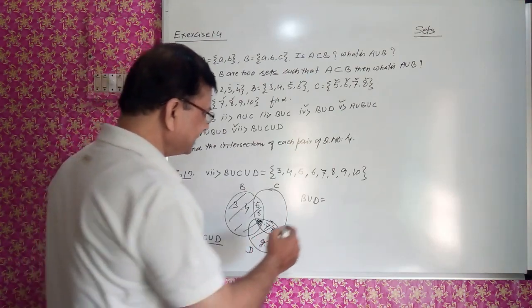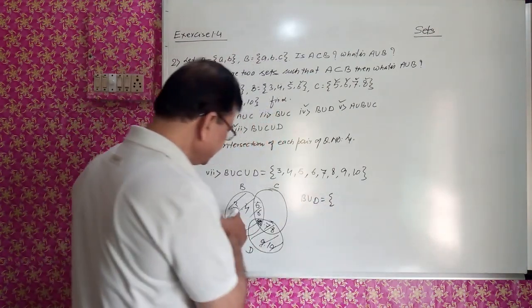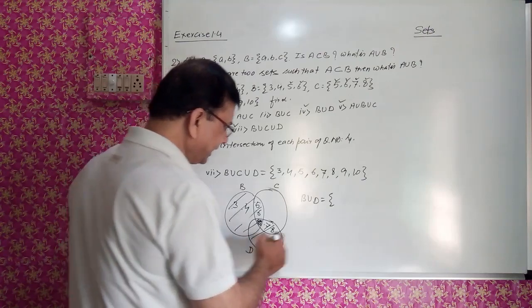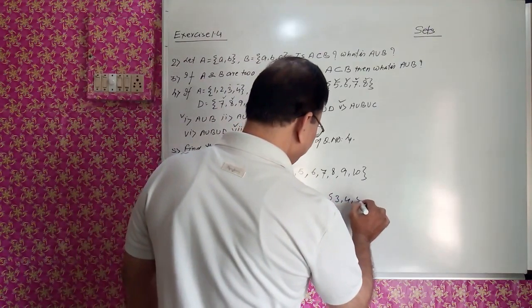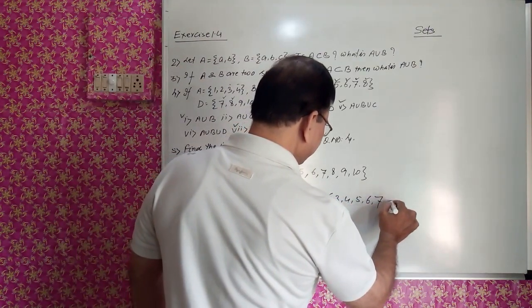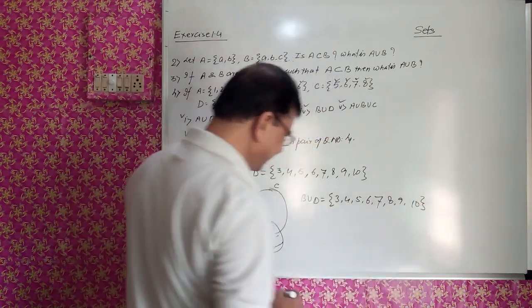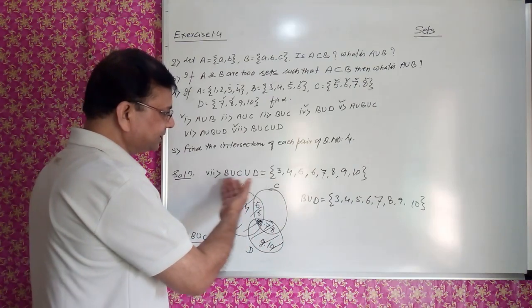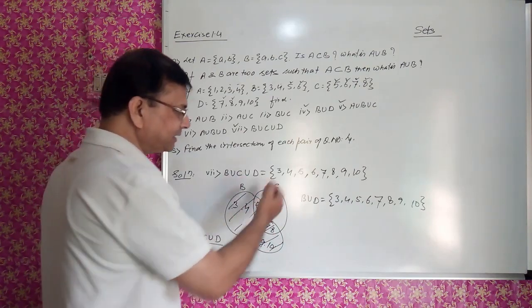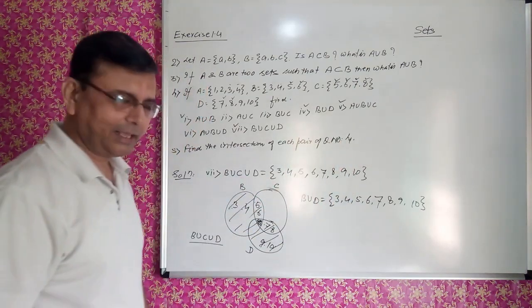So which are the elements in B union D? 3, 4, 5, 6, 7, 8, 9 and 10. These are the elements. So what do we notice? The same thing is there in B union C union D: 3, 4, 5, 6, 7, 8, 9, 10.